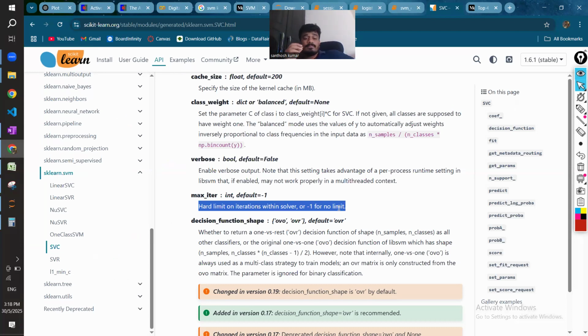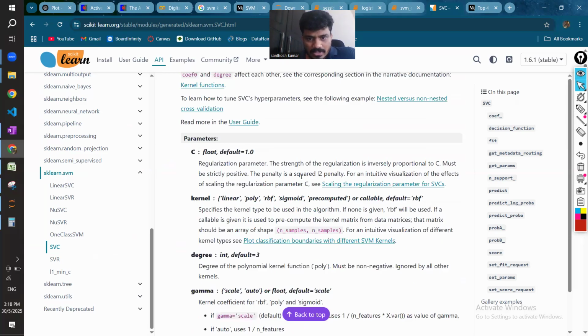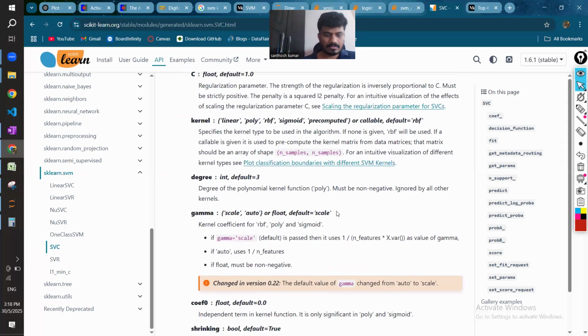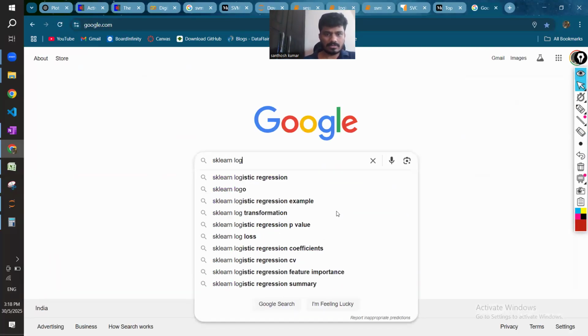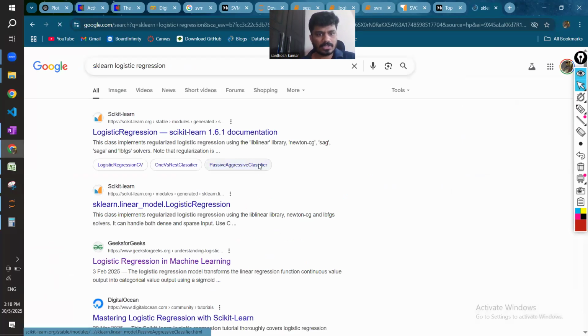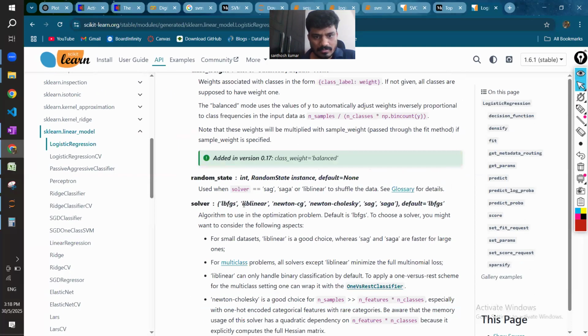That means solver is what? Solver, I think we have seen in the logistic regression. If I go to sklearn logistic regression, over here there will be something called solver: the algorithm to use in the optimization problem.